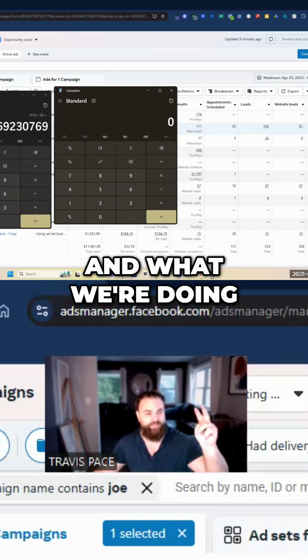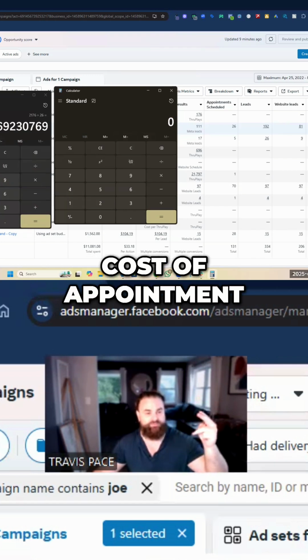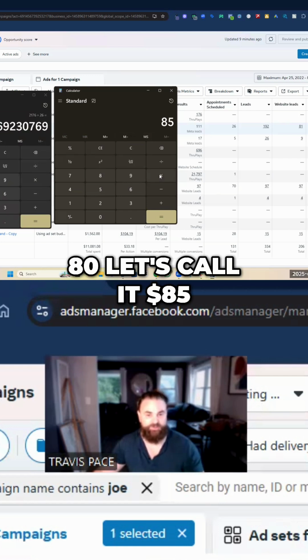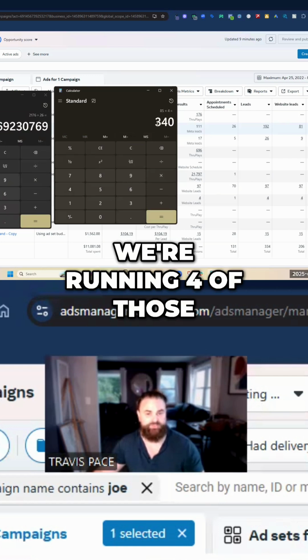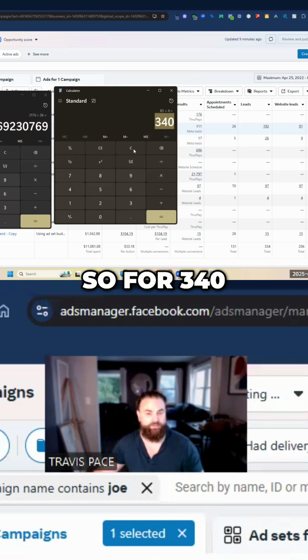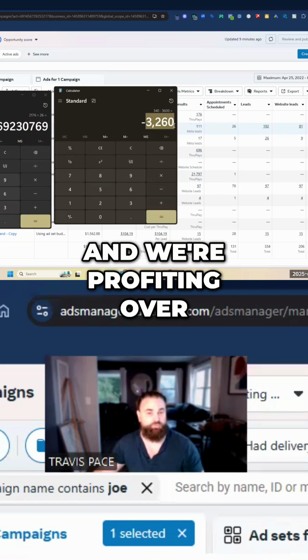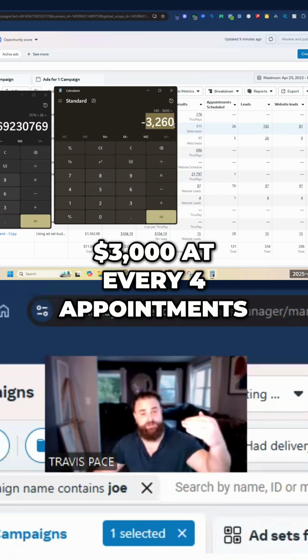And what we're doing is getting an $83 cost of appointment. So 80, let's call it $85. We're running 4 of those. So for 340, we're actually able to write a $3,600 application and we're profiting over $3,000 every 4 appointments.